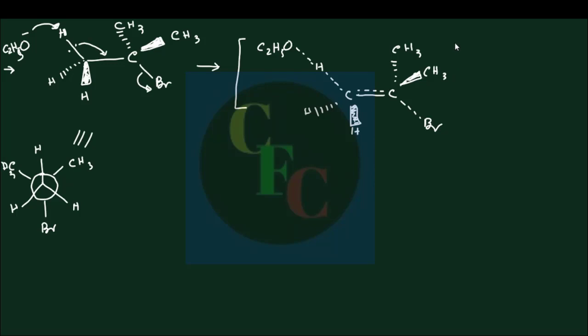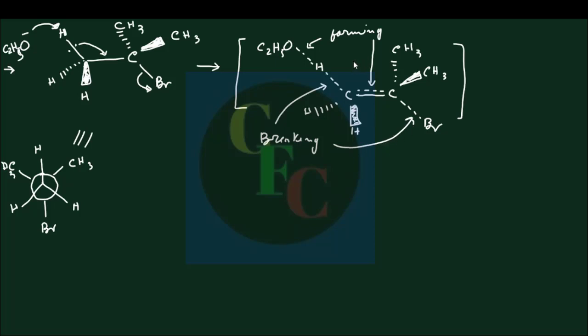Now in this transition state, this bond is forming, similarly this bond is also forming, and this bond is breaking, and simultaneously this bond is also breaking. So in the transition state, for an E2 mechanism, we have two bonds that are forming and two bonds that are breaking.